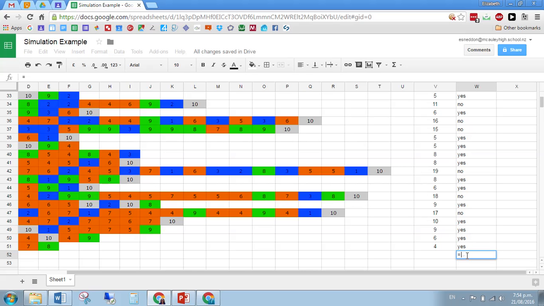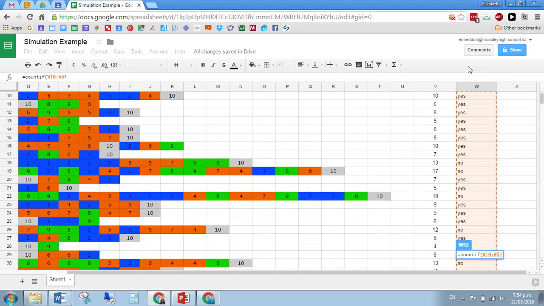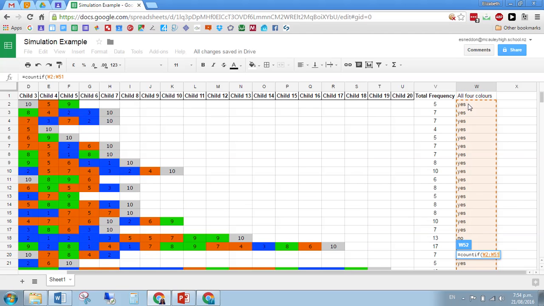I'm going to use a function that says equals COUNTIF. I open bracket and select all of these yeses and nos, so I'm going to select that column. I want to count if that is a yes, and I just need to put that in quotation marks so that it recognizes it as text.